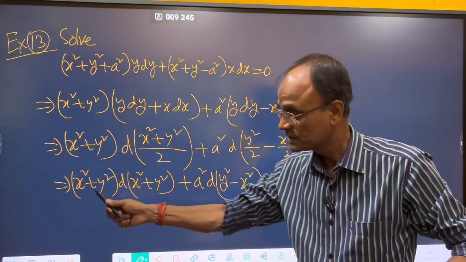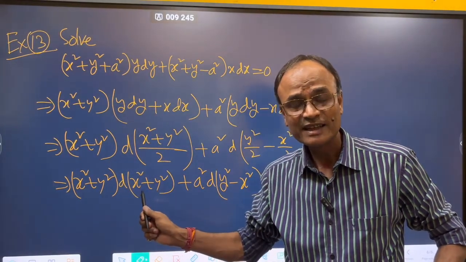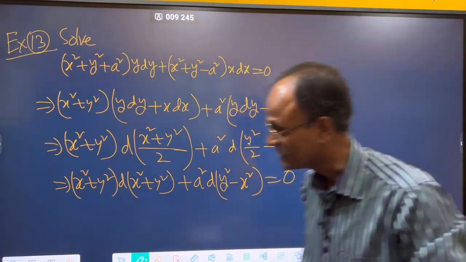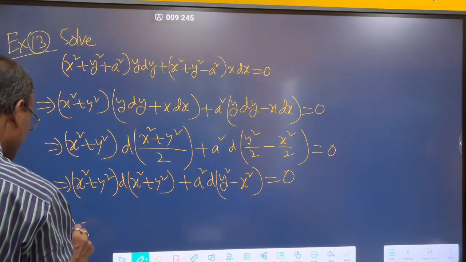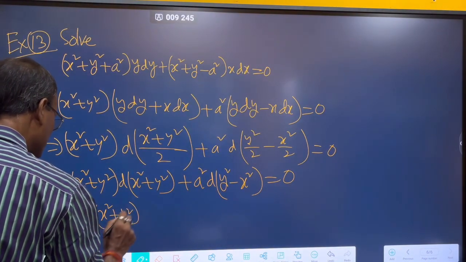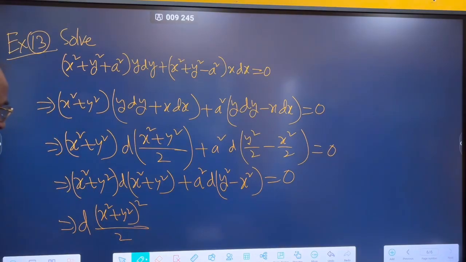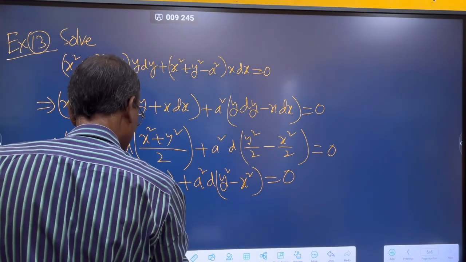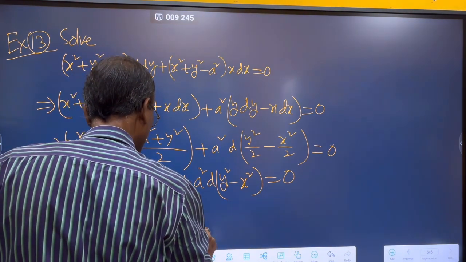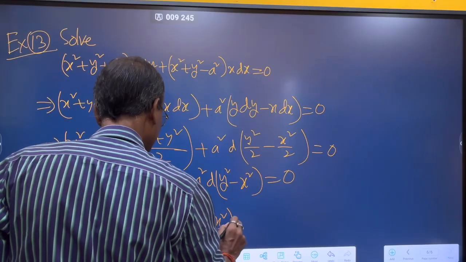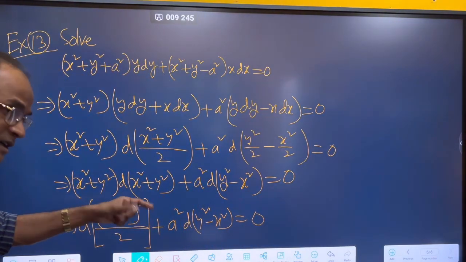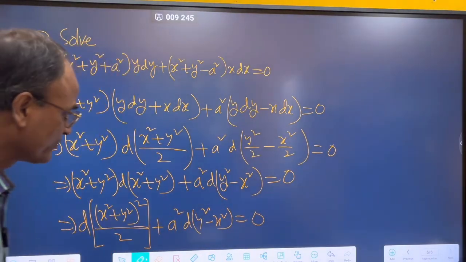You see, this is of the form x dx, which can be written as d of x square divided by 2. What is x? x square plus y square. This whole square divided by 2, plus a square d of y square minus x square, is equal to 0.